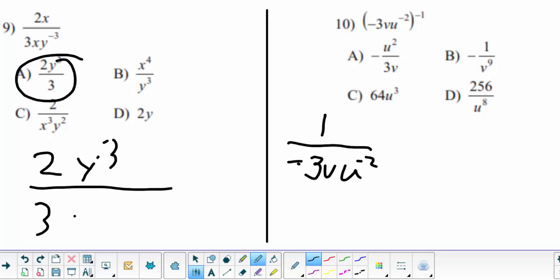So the v on the bottom we can't do anything with. What can we do with that u to the negative 2 power? Turn it to a positive and put it on the top. There you go. So we'd have u squared on top. Well, then you need to cross out that 1 in the bottom. So you have u squared over negative 3v. So negative u squared over 3v.